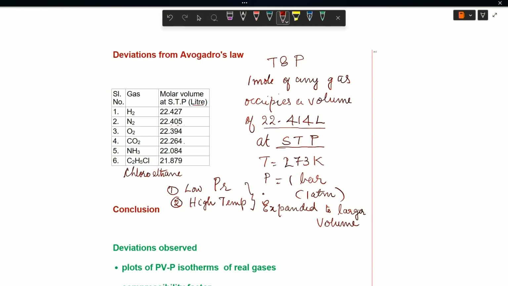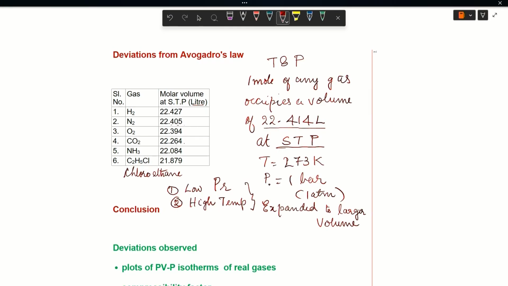These two factors are to a certain extent overcome at low pressure and high temperature. When the gas is in an expanded form occupying a very large volume, the molecules are far apart and the volume occupied by the molecules can be neglected.